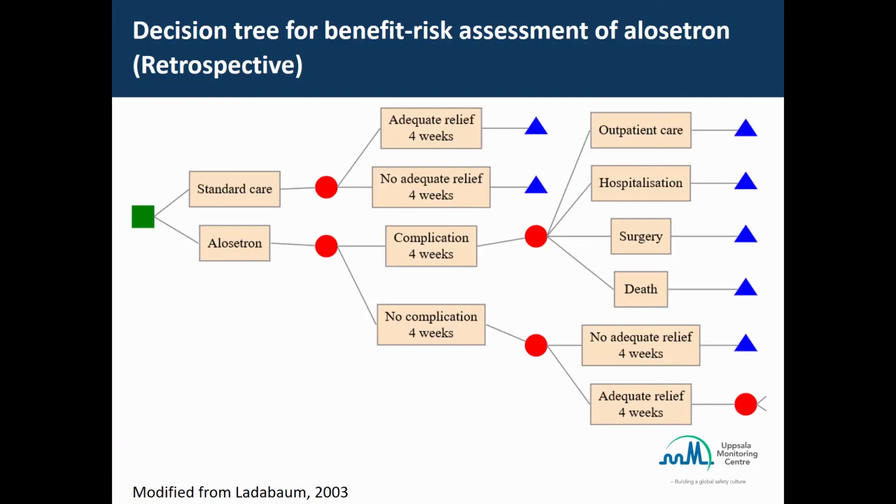For example, if we look at what can happen following complication, we consider 4 different events. First, that it is a non-serious complication that can be managed in outpatient care, that it requires hospitalization, that it requires surgery even, or in the worst case, that it's lethal.